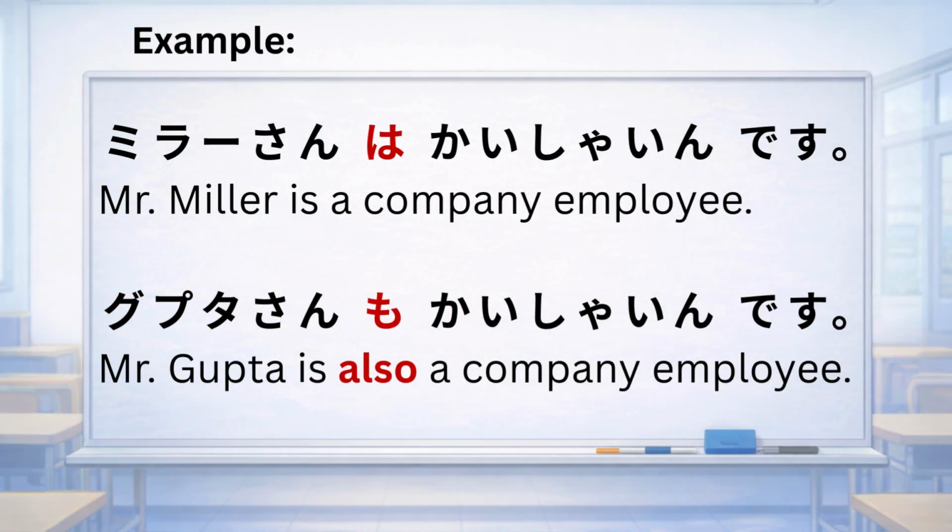Now, let us look at the standard example. ミラーさんは会社員です。グプタさんも会社員です。 In the second sentence, も shows that Mr. Gupta is also a company employee.